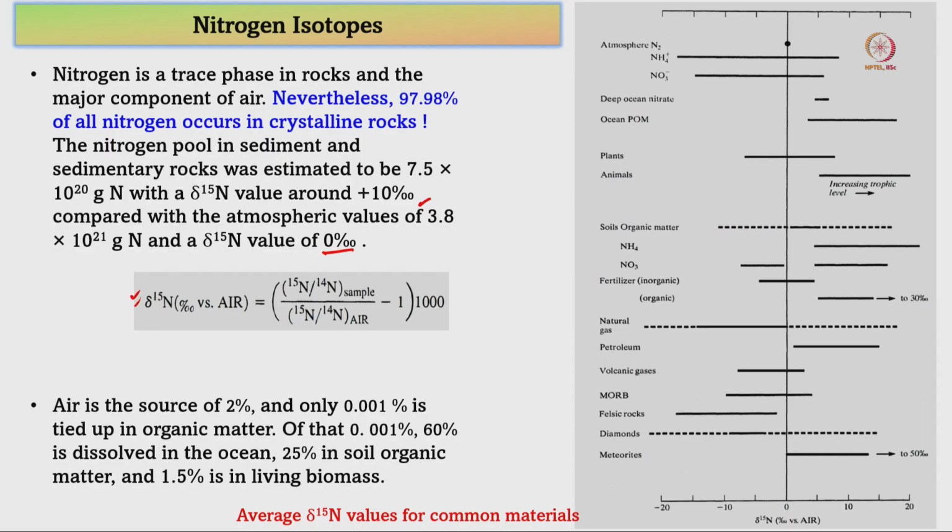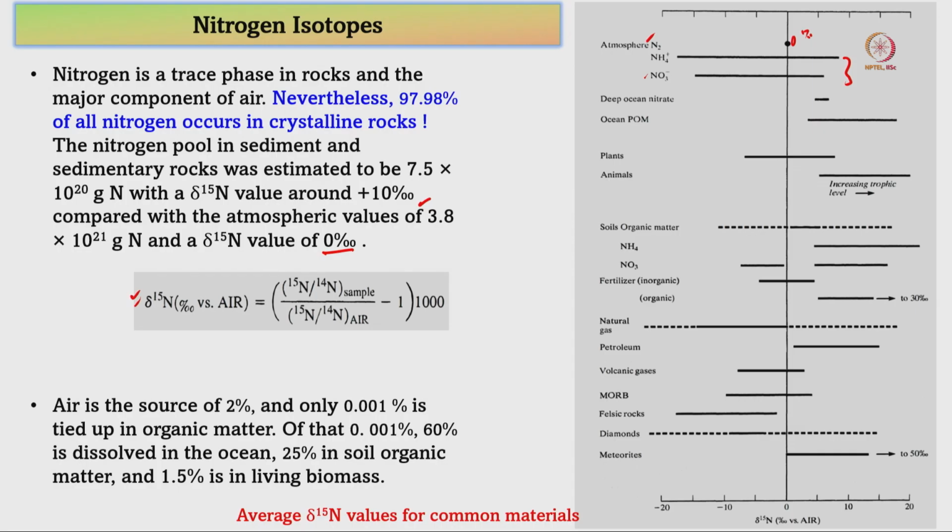In this right hand side figure, there is a plot showing the difference of delta 15N values in the different kinds of reservoirs on earth. Here we have atmospheric nitrogen, with a value of 0 parts per mil. Then there is ammonium, the oxidized form, or nitrate, the reduced form, and how their natural variability is.